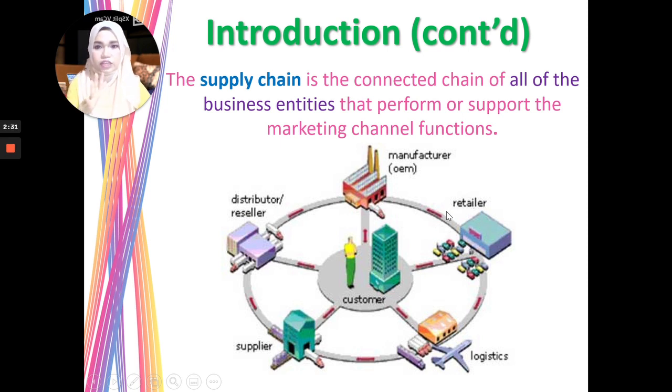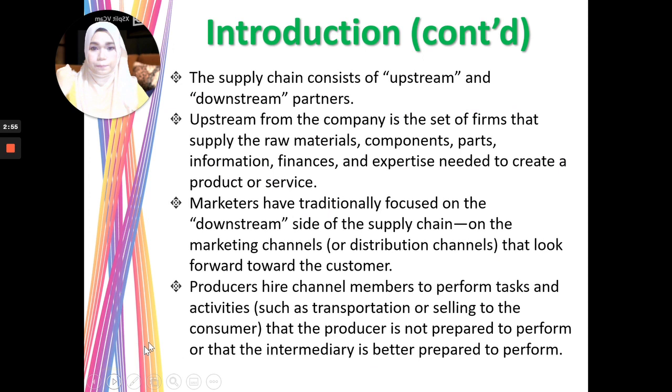We're not going to touch so much on the supply chain itself, just that you know, as I told you just now, it's an interdependent organization where they need each other in order to move the products from the point of production to the point of consumption, where the customers consume or use the product.